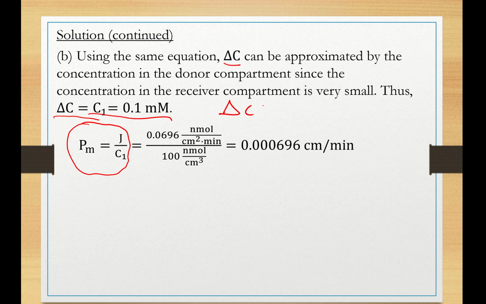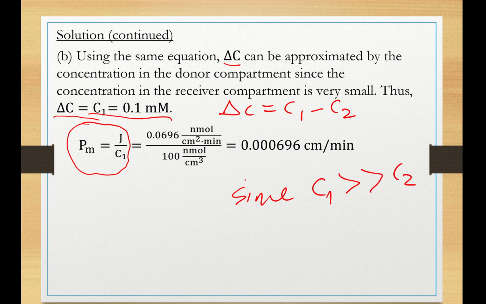So basically delta C is equal to C1 minus C2, but this one is very close to being zero compared. I wouldn't say close to zero. I would say since C1 is much greater than C2, this one is going to be approximately equal to C1, okay? So now I can solve my equation J over C1 to determine the permeability, and this is my permeability, 0.000696 centimeter per minute. Make sure you have the right units here, okay? So this is what I have.